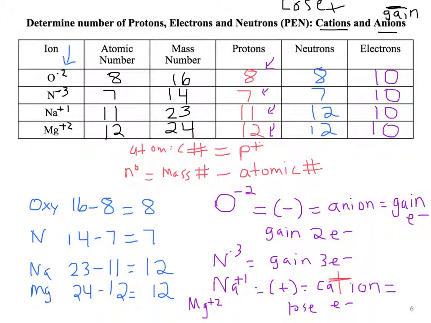So you can understand that protons never ever change. If you change the number of protons, you are changing that atom. Electrons change because in ions, you're either losing or gaining electrons. And the neutrons, that basically is the same from the previous slide where we utilize this formula.